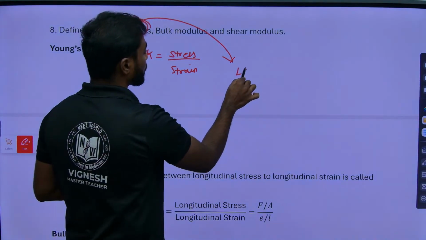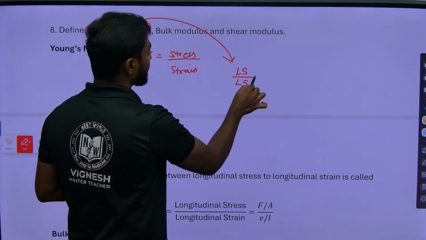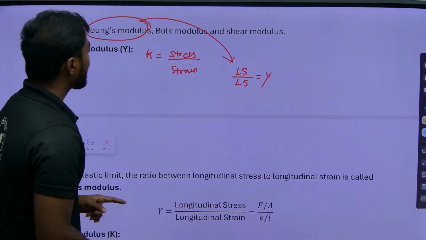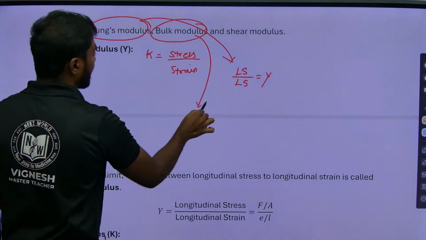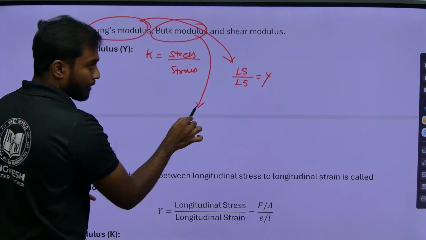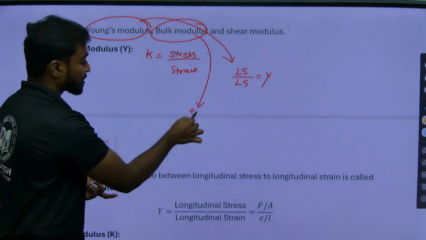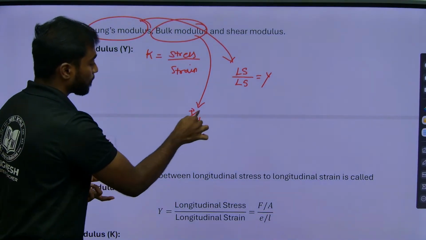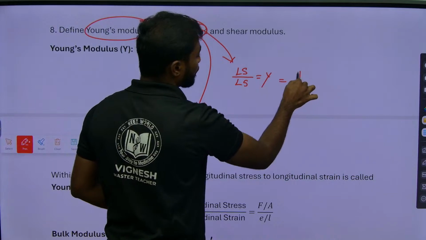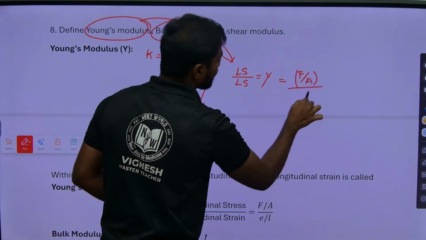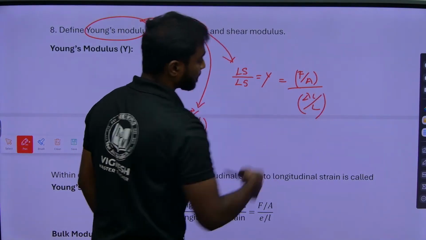So longitudinal stress by longitudinal strain is Young's modulus. And when we talk about bulk modulus, it is pressure by change in volume. This one is force by area divided by change in length by original length.